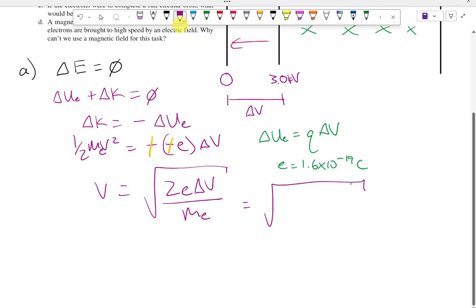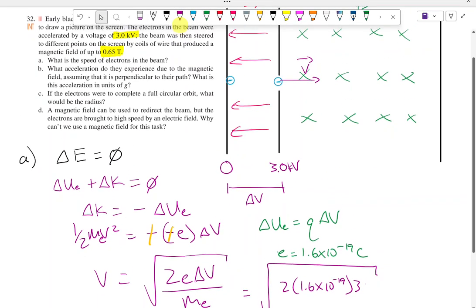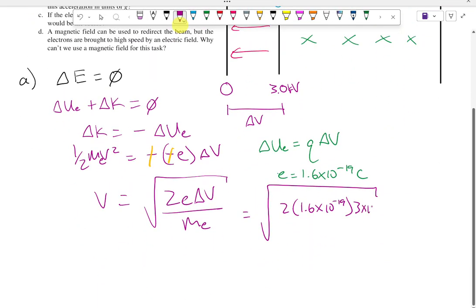If I plug all that in: 2 times 1.6 times 10 to the negative 19 times 3 times 10 to the 3, and then divided by the mass of an electron, which is 9.11 times 10 to the negative 31 kilograms.